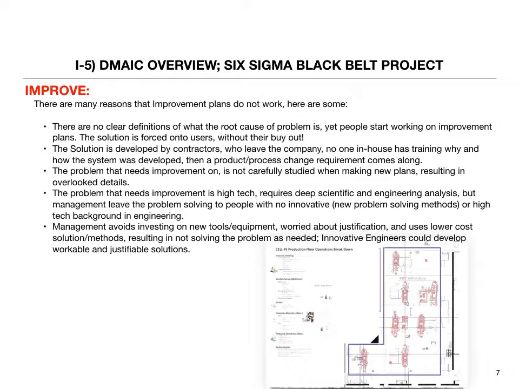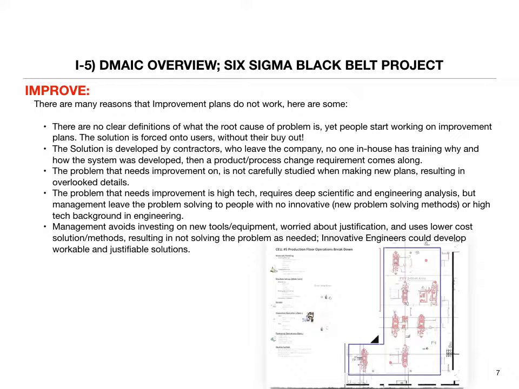Then a product process change requirement comes along and people don't know how to make the change happen. Another problem is that the problem needing improvement is not carefully studied when making new plans, resulting in overlooked details.